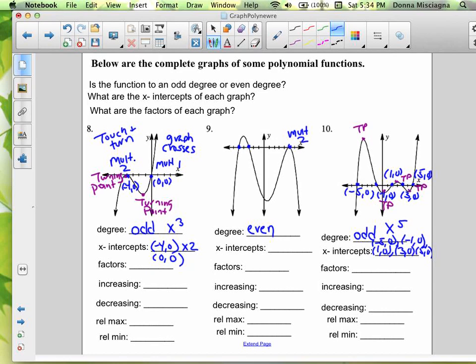So our x-intercepts are negative 5, 0, negative 3, 0, and 5, 0, and that counts twice. So let's put that on our graph. That's really bothering me, I'm going to write that nicer. Let's put that on our table. So our x-intercepts are negative 5, 0, negative 3, 0.